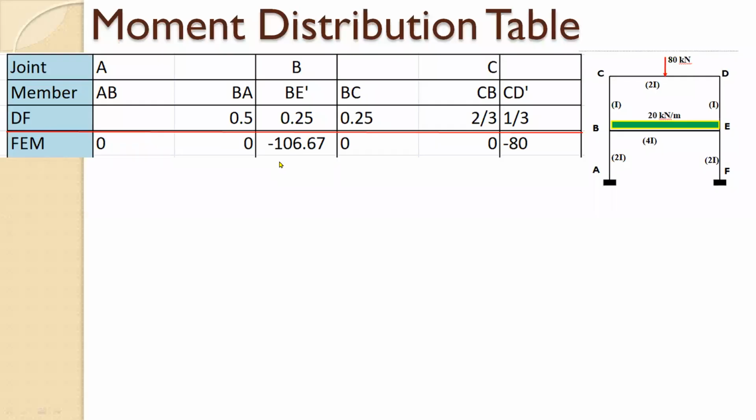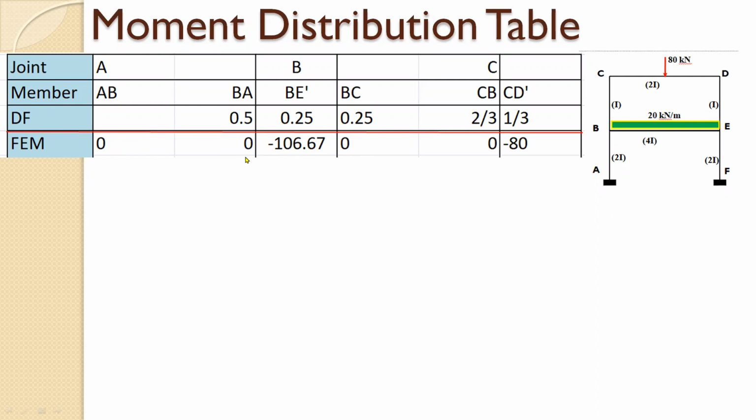After writing fixed end moment, the next step is balancing. Balancing means what is the unbalancing moment here? It is addition of the moments at this joint, which is minus 106.67 plus 0 plus 0. So therefore, minus 106.67 we have to distribute between these 3 members in the proportion of distribution factor.